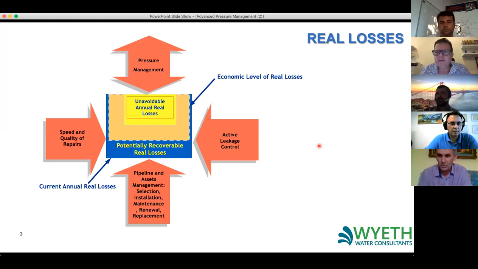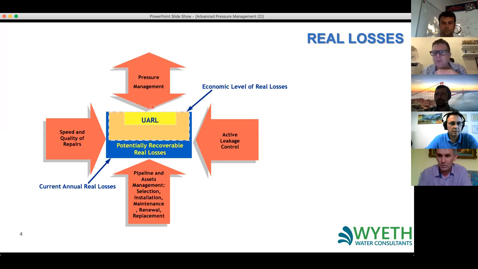Basically, the ILI is a ratio of the current annual real losses over your unavoidable annual real losses. So if you've got an ILI of 1, the current is the same as your unavoidable. Now, when you do pressure management, you actually make your unavoidable annual losses smaller, so you're reducing your UARL.